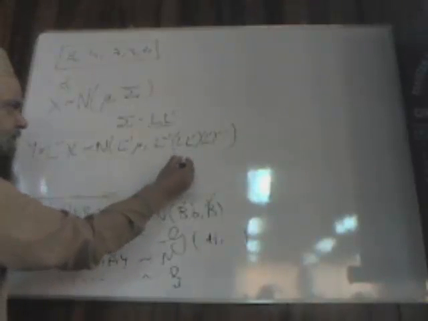So this is normal with L inverse mu and the identity matrix. If I call L inverse mu y0, then y minus y0 is normal with mean 0 and covariance identity. Let me call this z.